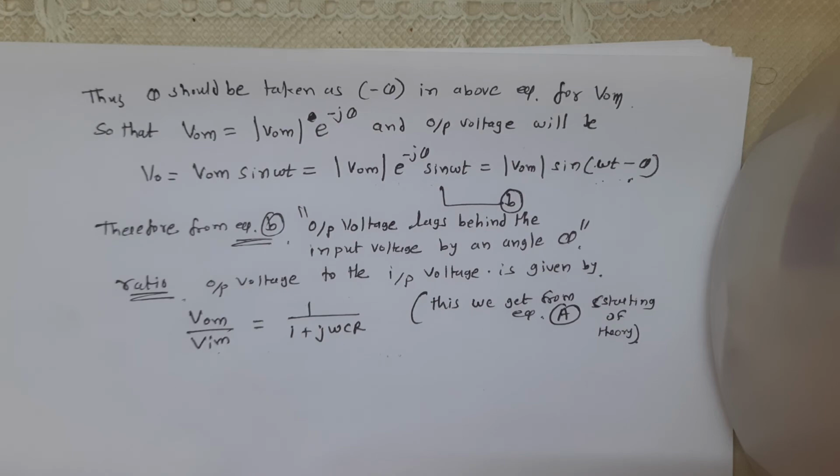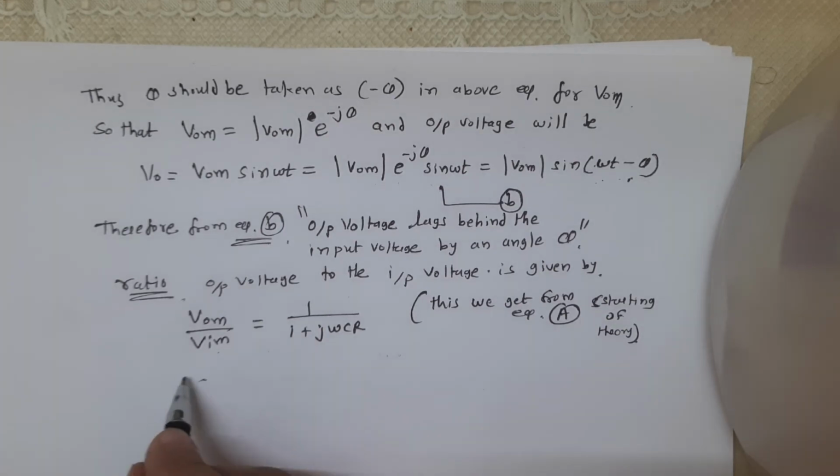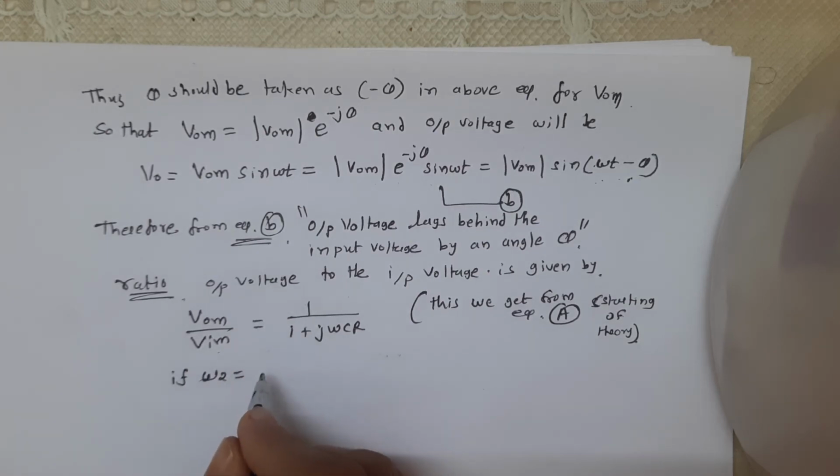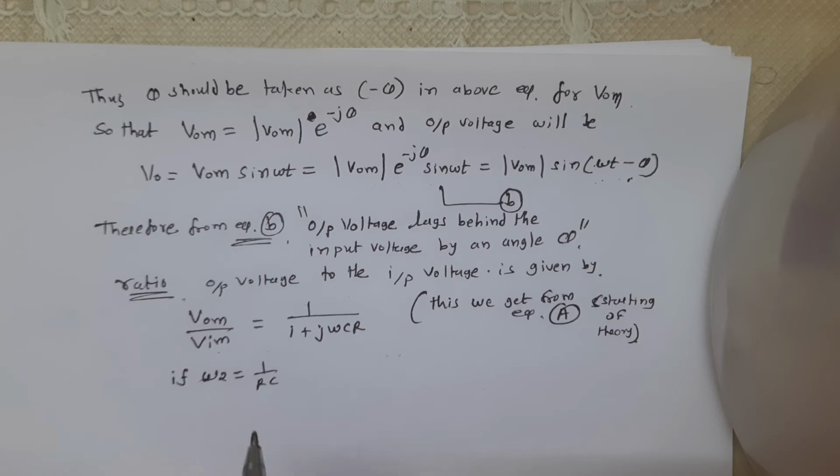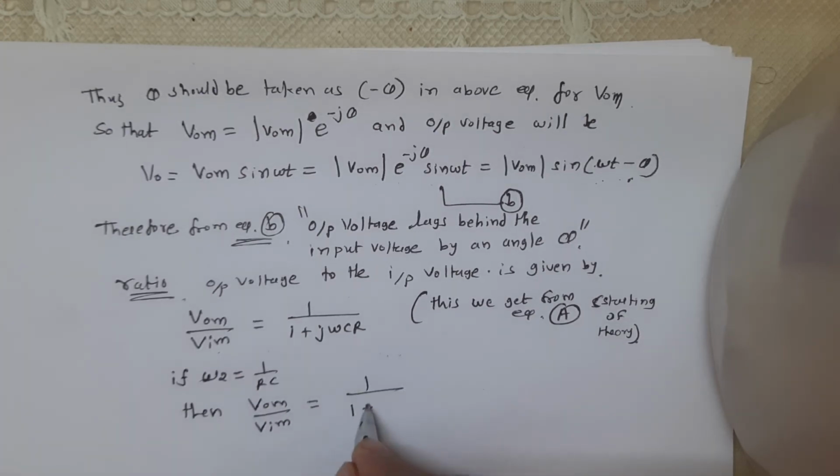So here, if omega 2 is equal to 1 upon RC, then the above equation is given as VOM upon VIM equal to 1 upon 1 plus j omega upon omega 2.